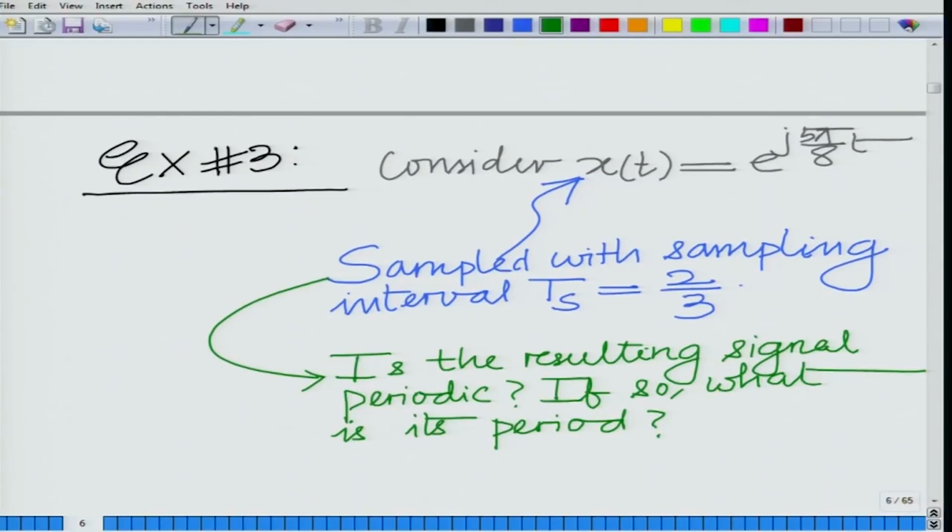If so, what is the period of this resulting signal?